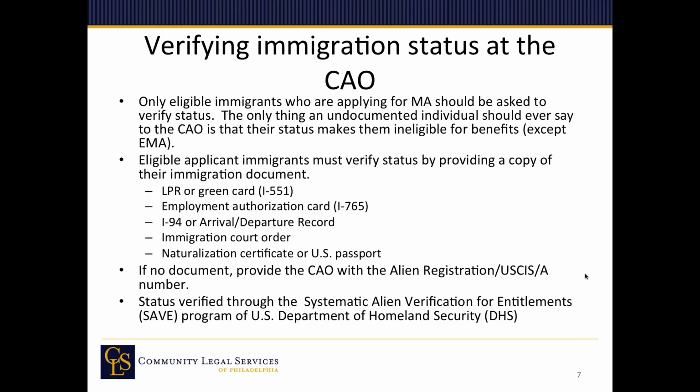It's a computer communication system where our DHS, the Department of Human Services in Pennsylvania, communicates with the United States DHS, United States Department of Homeland Security, to verify that somebody has the immigration status that they're saying they have. And the county assistance office should be able to make that inquiry via SAVE just with an A number.